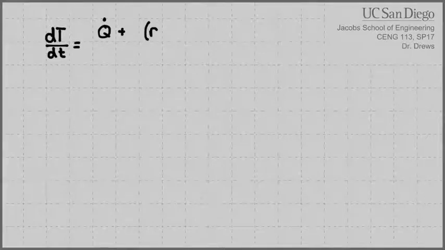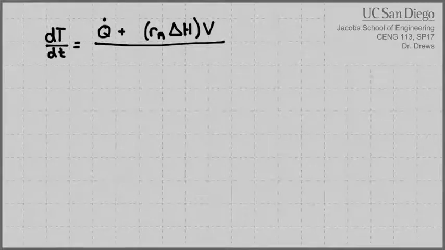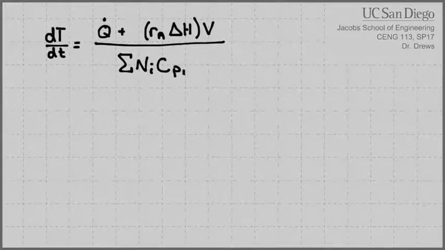And then we had this term R sub A times delta H times the volume of the reactor. And on the denominator, we summed up all of the species amounts, the moles of each species, and multiplied that by their heat capacities.